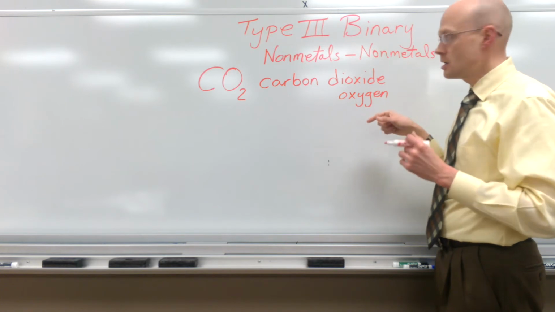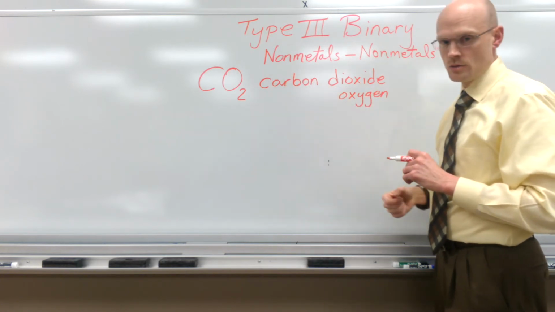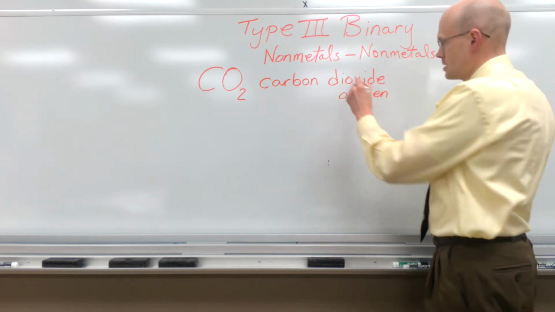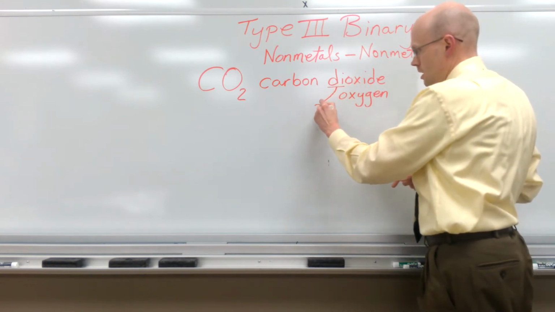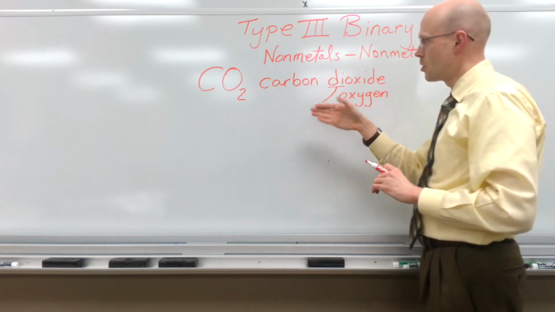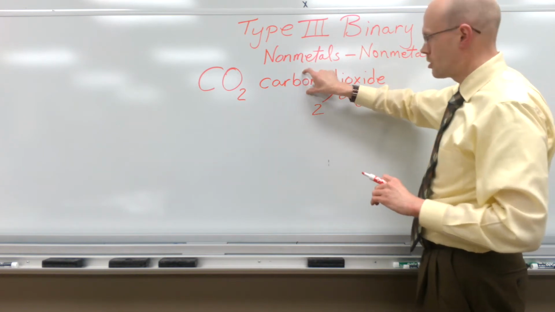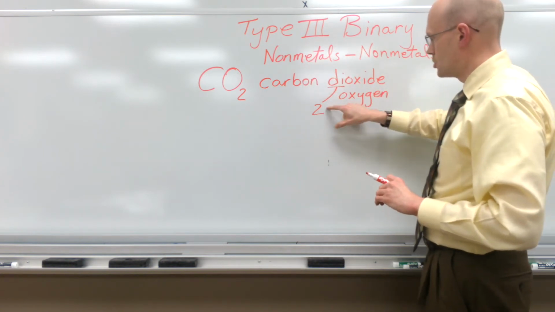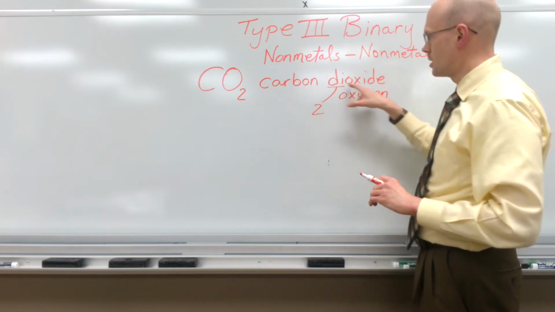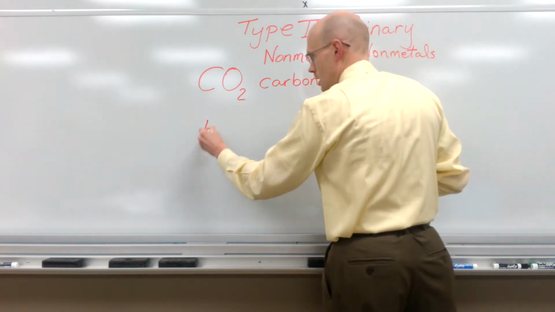Now to represent that there are two of the oxygen present in this compound, we use the numerical prefix di, meaning 2. So when we take this name apart, we are saying carbon, one carbon, with two oxygen, two oxide. So carbon dioxide.